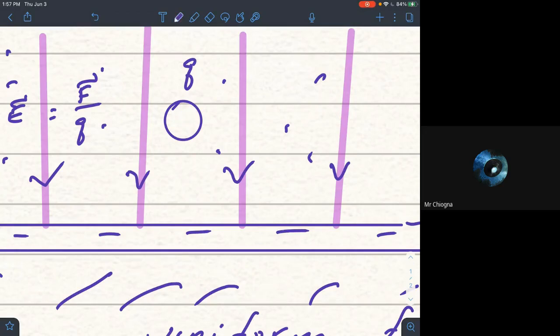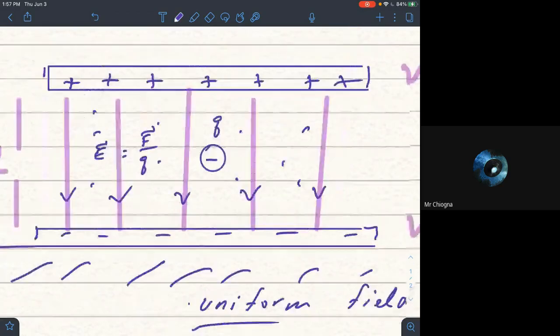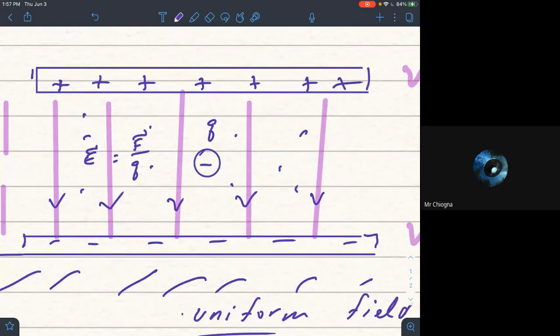Replace this with a negative. Which way is the force acting, down or up? Up. It's attracted to the positive, in the opposite way to the field, because it's a negative charge. That's Fe.